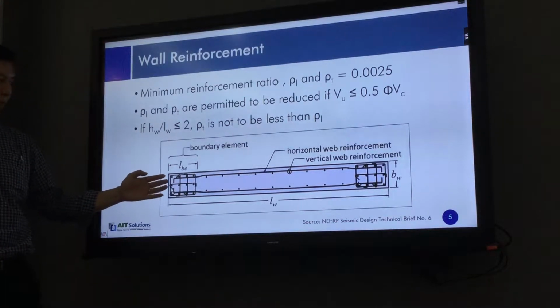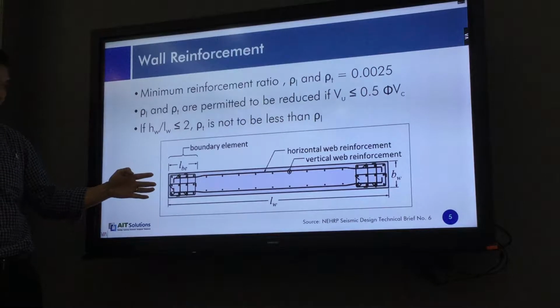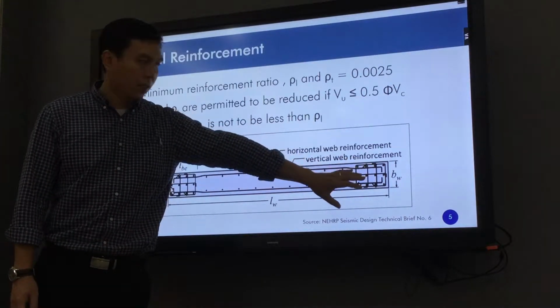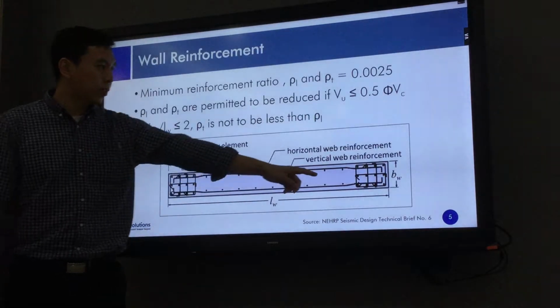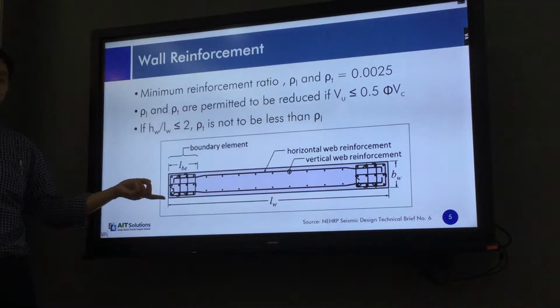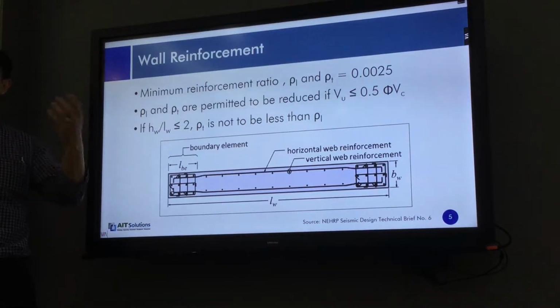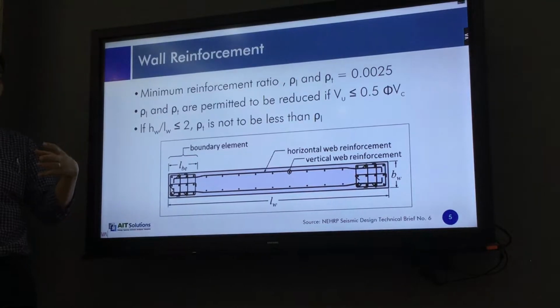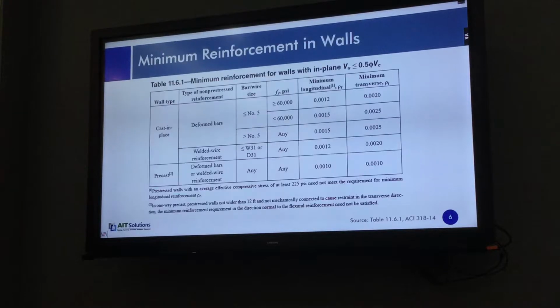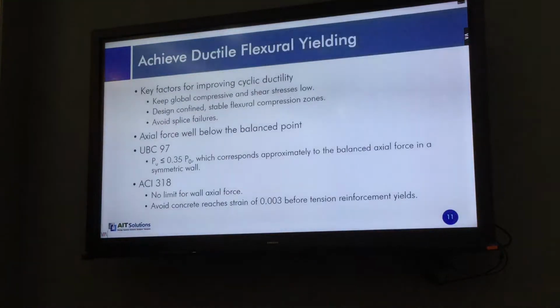If it reaches 0.002 first, the steel is yielding first and the concrete has not failed in compression. But if this one reaches 0.003, it means this one will fail in compression before the steel yields. It looks like an over-reinforced beam. In an over-reinforced beam, the failure comes first with the compression failure. So in shear walls also, the code suggests designing to avoid compression failures.